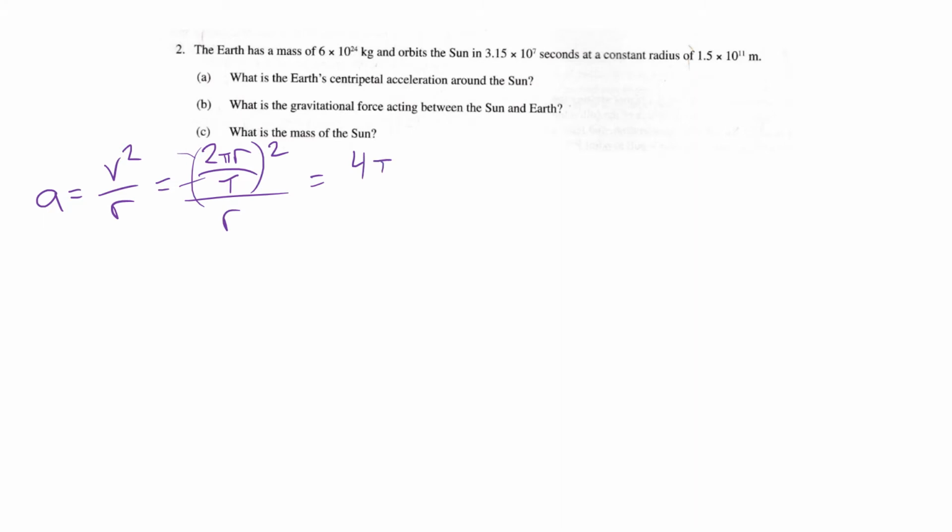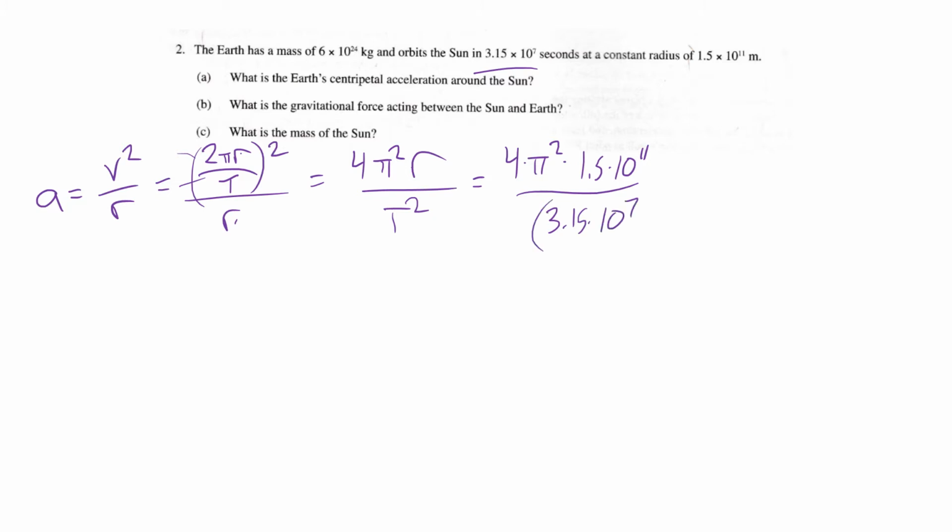So I'm going to get 4 pi squared r squared divided by r, which is just 1 r, divided by T squared. So 4 times pi squared times the radius, which is 1.5 times 10 to the 11, divided by the period, which is 3.15 times 10 to the 7, squaring the whole thing there.